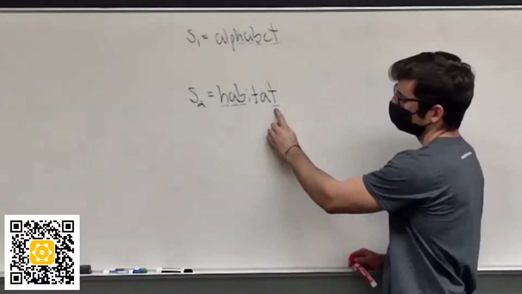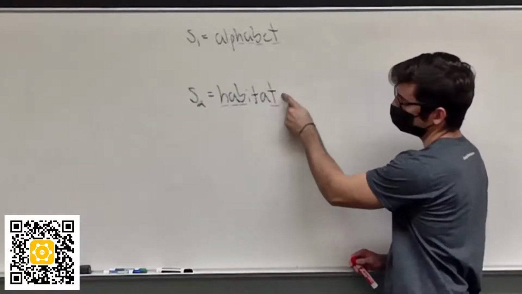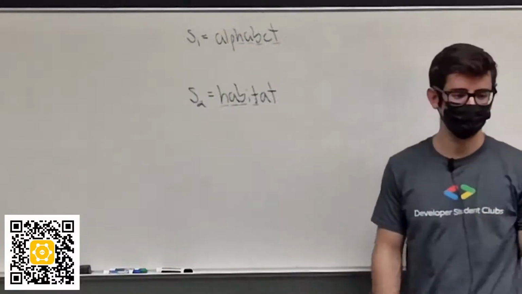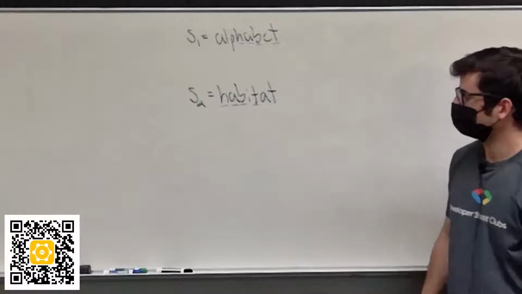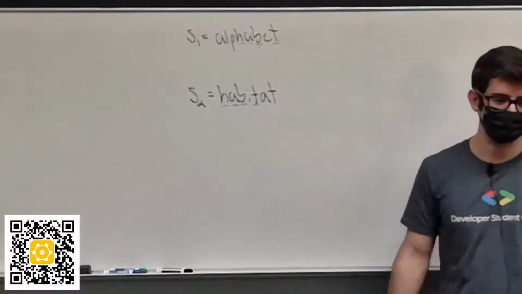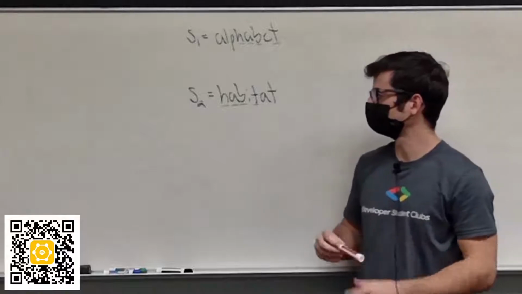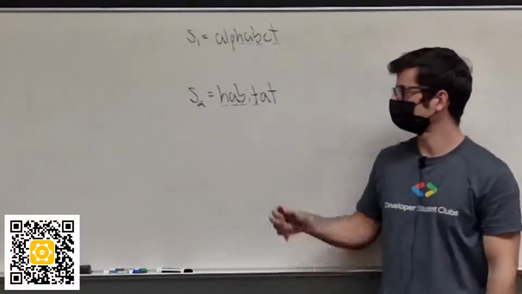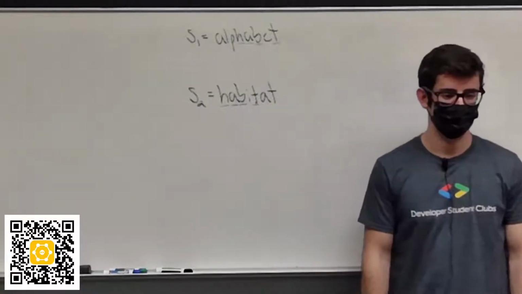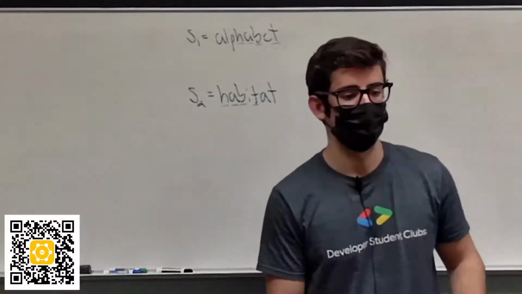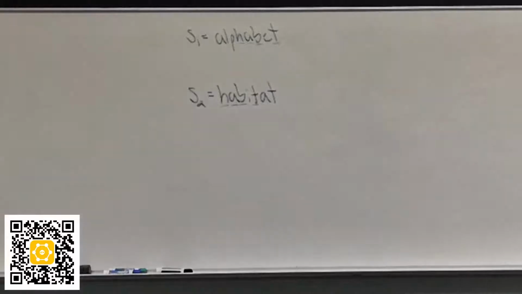The T could be coming from this last T or the first T, and it'll give you the exact same answer. So it doesn't really matter where the T comes from. That was a good question. Let me make sure there are no other questions. There isn't, nice.